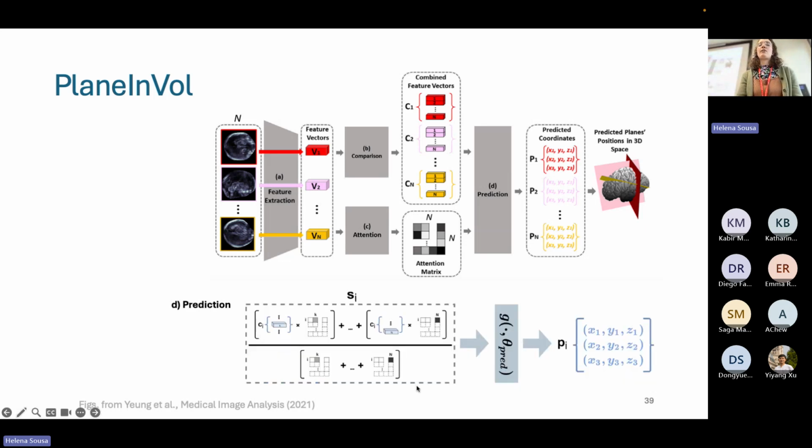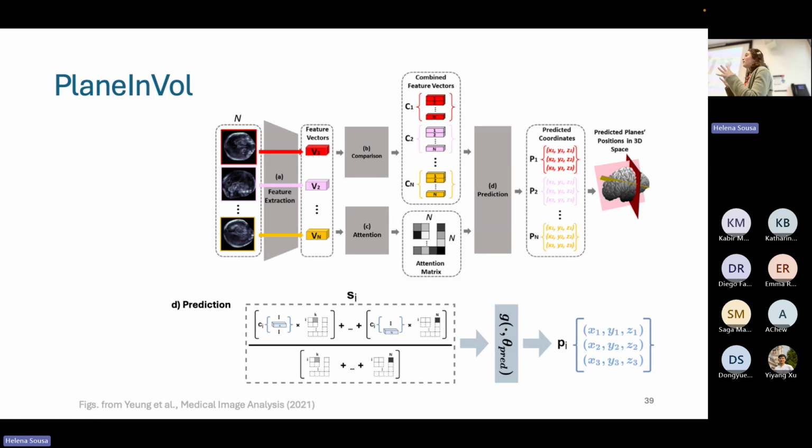And then their prediction module is just combining this information of your pairwise comparison feature vectors with your attention scores. And their final linear layer outputs a set of anchor points. So again, they're using the same parameterization as SVRNet. And again, this one was trained in a supervised way.